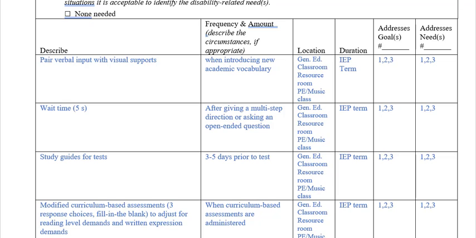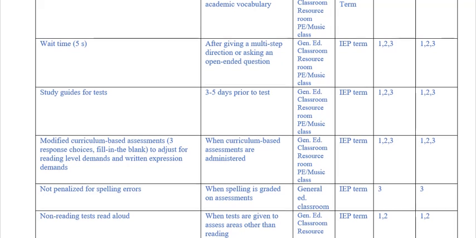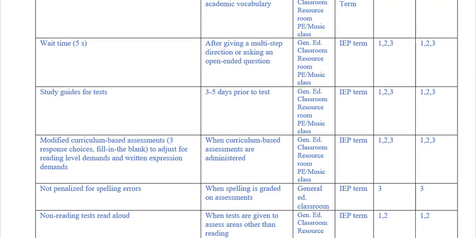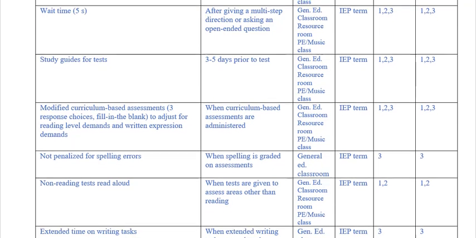So I've got paraverbal input with visual supports when introducing new vocabulary, using a 5-second wait time after giving multi-step directions and asking open-ended questions, and providing study guides for tests 3 to 5 days prior. I'm modifying curriculum-based assessments, meaning teacher-made end-of-unit tests, so that there are 3 response choices and fill in the blanks to adjust for reading demands and written expression demands.